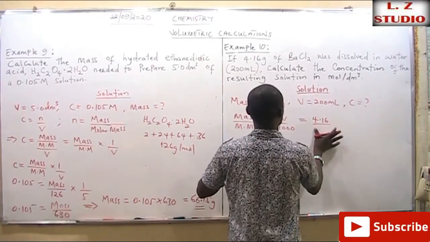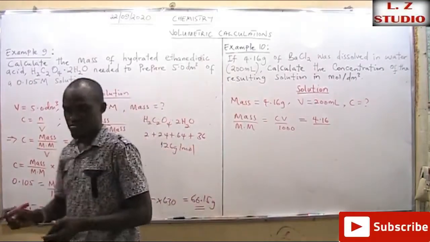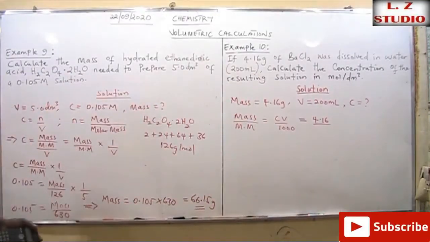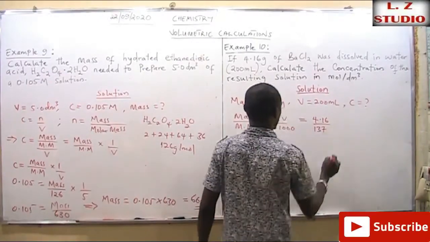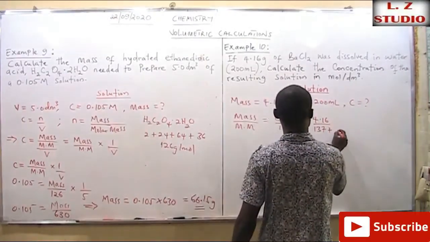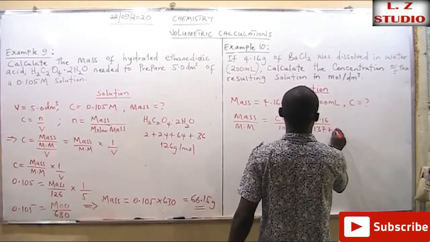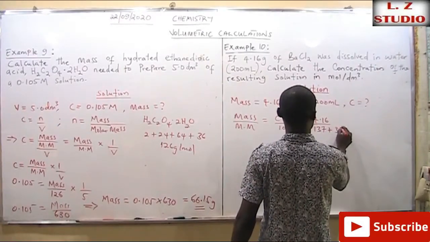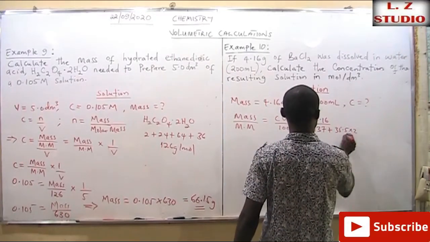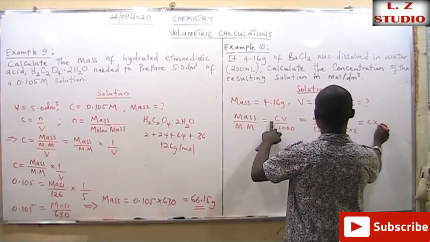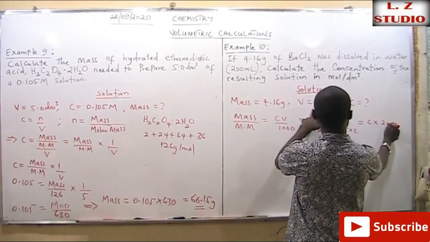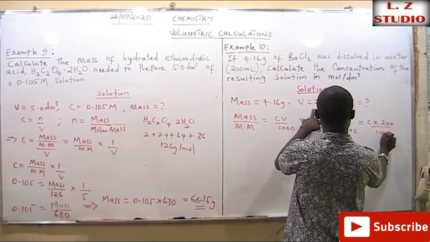So barium is 137 as the relative atomic mass. 137 plus 35.5 times 2, okay, which is equal to C times the volume here, 200, everything divided by 1000.